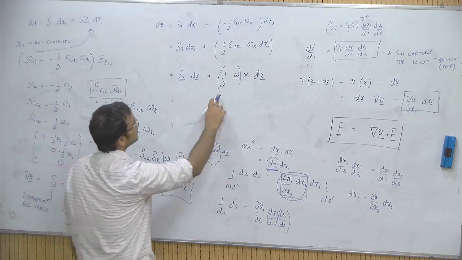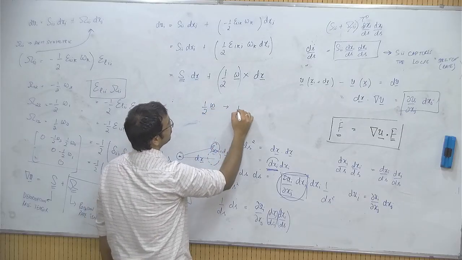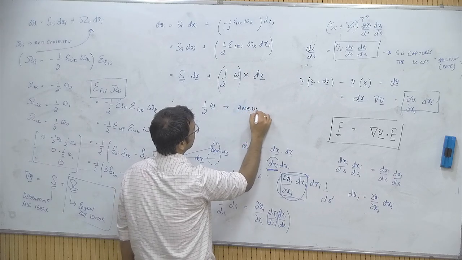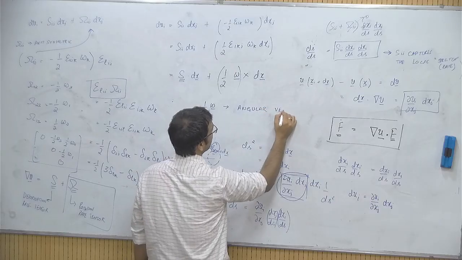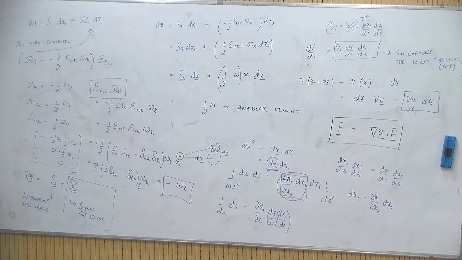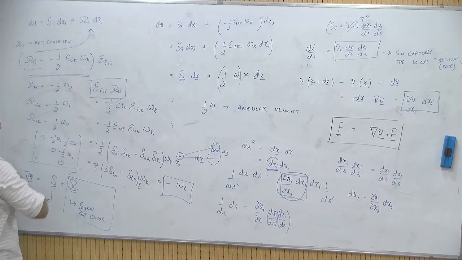Okay, technically this half omega is the rotation or angular velocity you can call, and this half omega is related to omega ij through this dual vector relation.